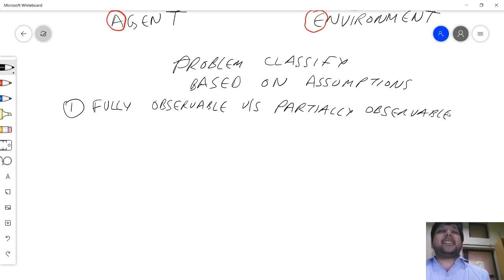Is that fully observable or partially observable? One way is you could say that, hey, it's fully observable. I am here at the first floor. I'll go down, go out of the main route, take a straight, cross the sports park, and then in a few steps, I have my home.